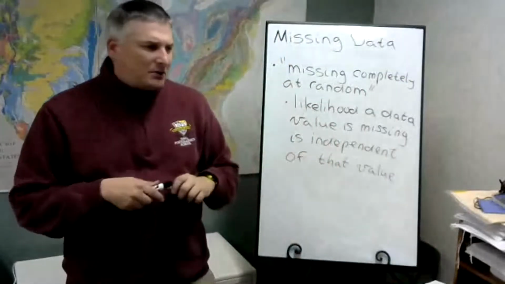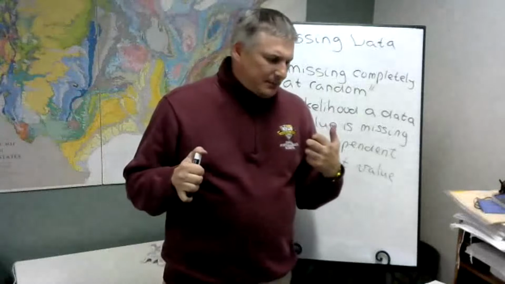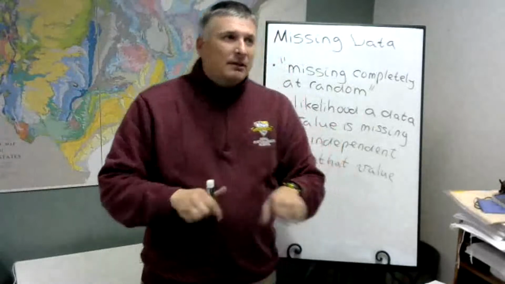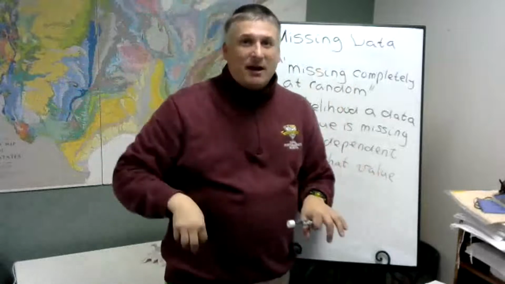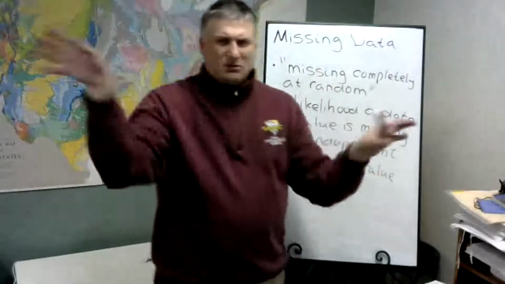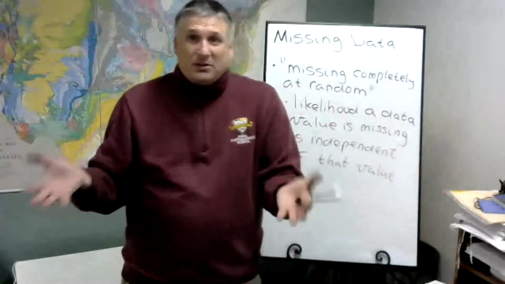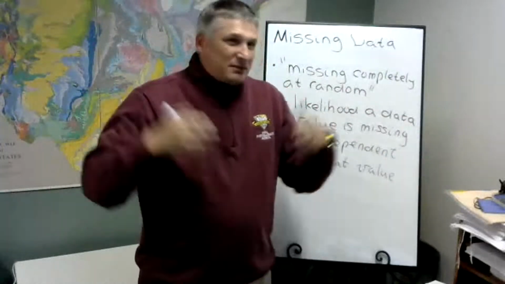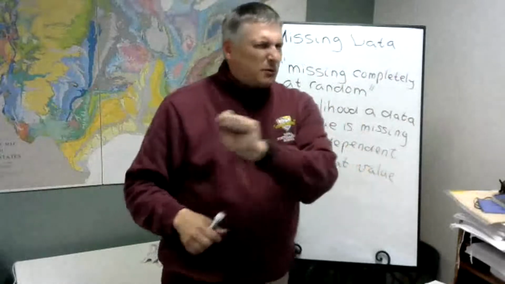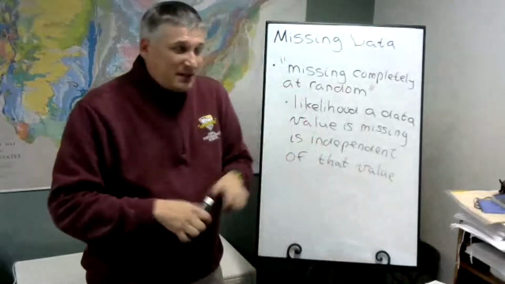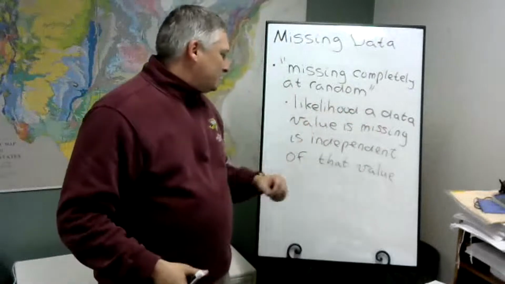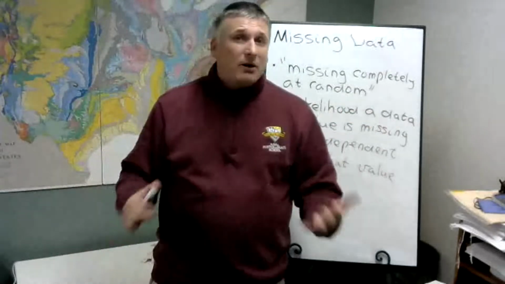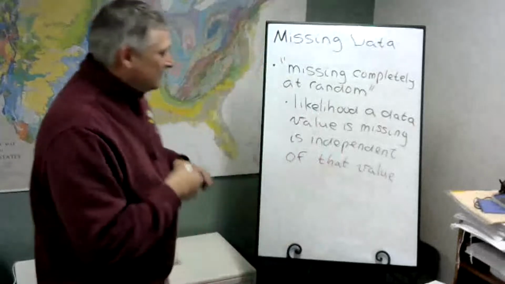The example they give in the text is if someone is entering data and they hear their favorite song and they accidentally skip over the last data value. They don't put it in, or they put in this totally wrong number that we can all see is wrong. Well, then that has nothing to do with the value that was supposed to go in there. So let's say it really didn't. Then the likelihood a data value is missing has nothing to do with the actual value of that datum.